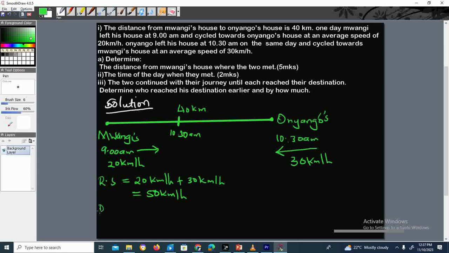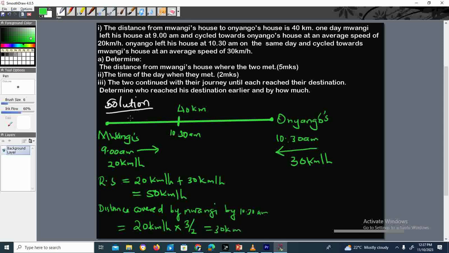So the distance covered by Mwangi by 10:30 a.m. is going to be given by Mwangi's speed, 20 kilometers per hour, times 1.5 hours, which is 3/2, and this is going to be 30 kilometers.